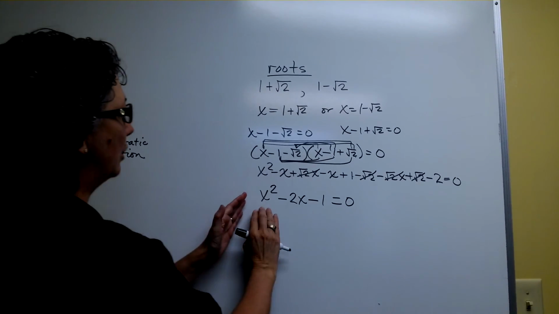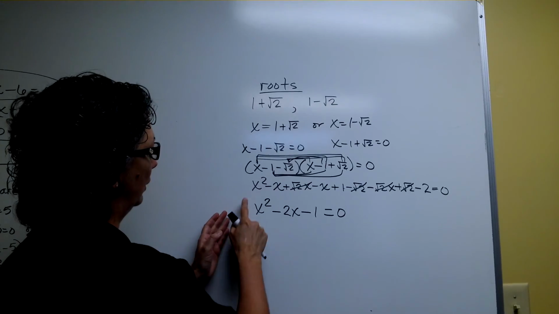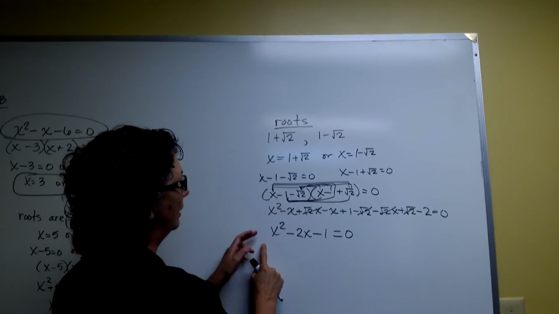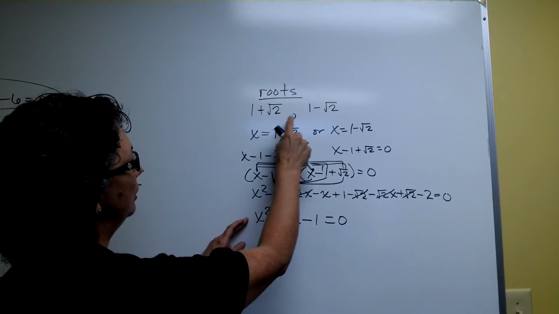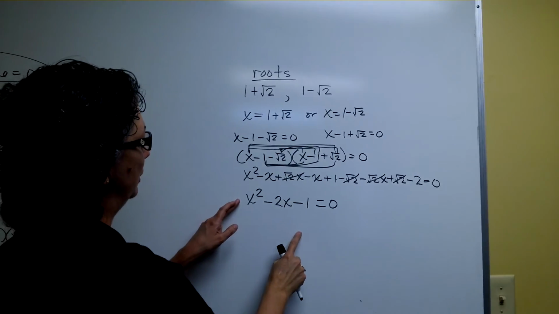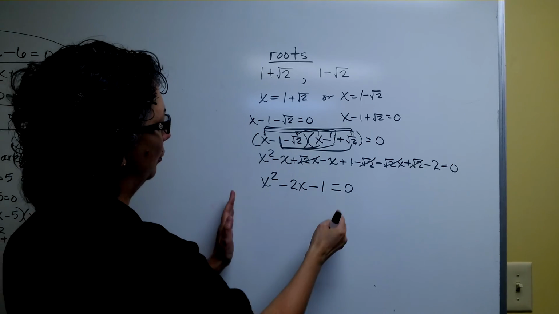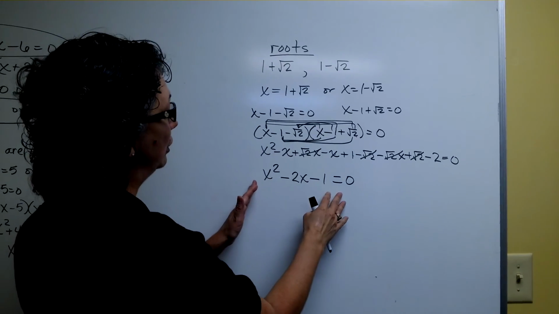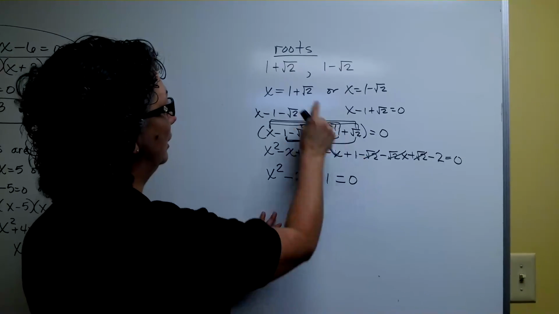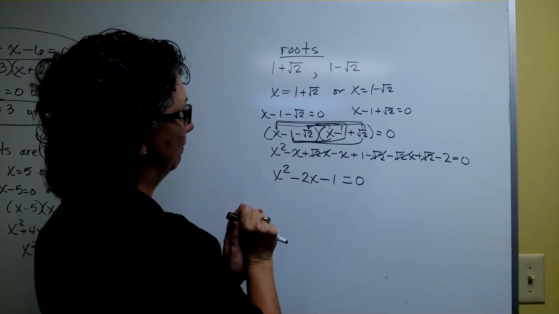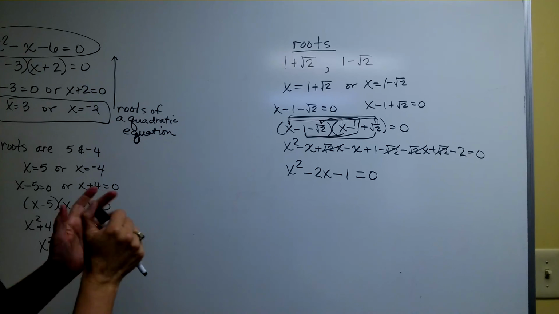So this is the quadratic equation with the lead coefficient of 1, whose roots are 1 plus the square root of 2 and 1 minus the square root of 2. This one, you'll notice, would not factor, so if we wanted to find the roots of this equation, we would have to use the quadratic formula, which would give us these two. All right, thank you very much.